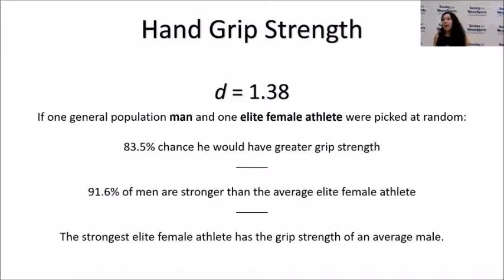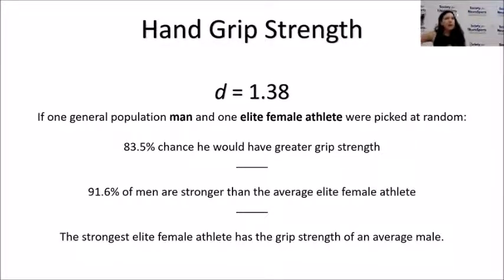So if we take one general population man and then select at random one elite female athlete, a woman who has spent her entire life dedicating herself to being as big and strong and as athletic as possible, there's still a huge difference there.